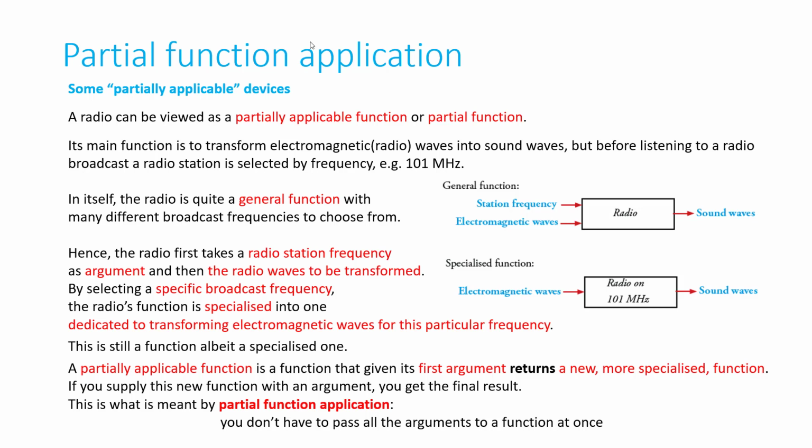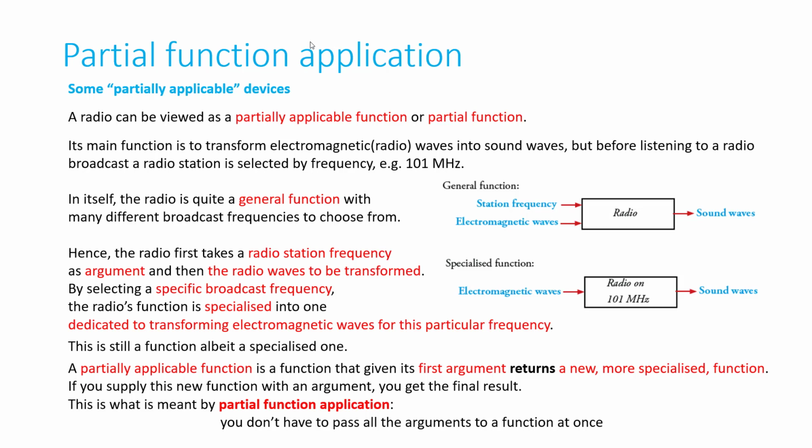The analogous situation is a radio. A radio can be viewed as a partially applicable function or partial function. A radio's main function is to transform electromagnetic or radio waves into sound waves.